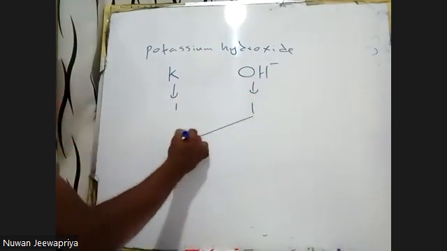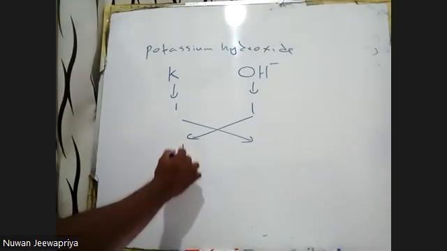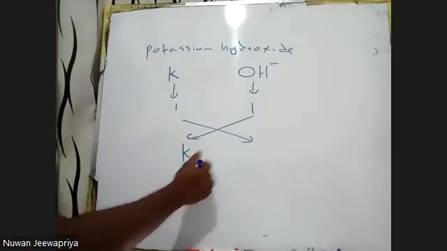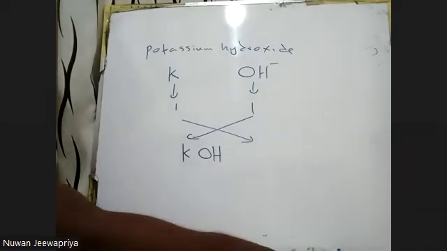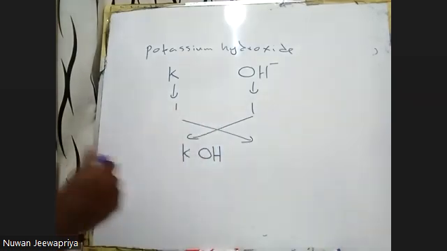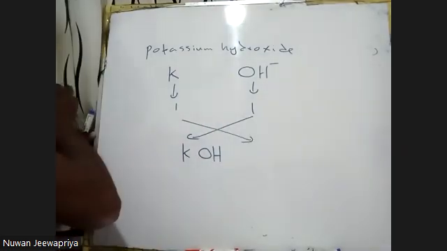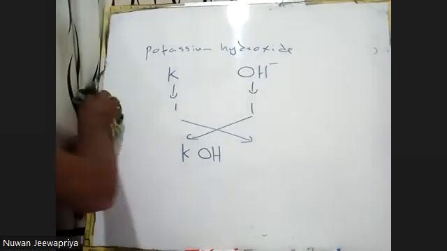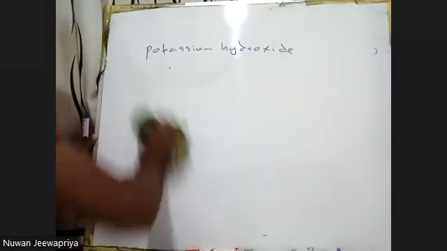Hydroxide valency is 1. The valencies interchange. So potassium gains 1, don't write it. Hydroxide gains also 1. KOH. So they are interchanged like that. Then I go to the next one. I guess you can write it if you want. You can pause the video and write it up.